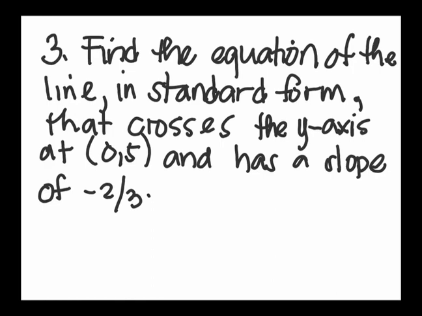Now let's have another example. Here we need to find the equation of the line in standard form that crosses the y-axis at point 0, 5 and has a slope of negative 2/3.